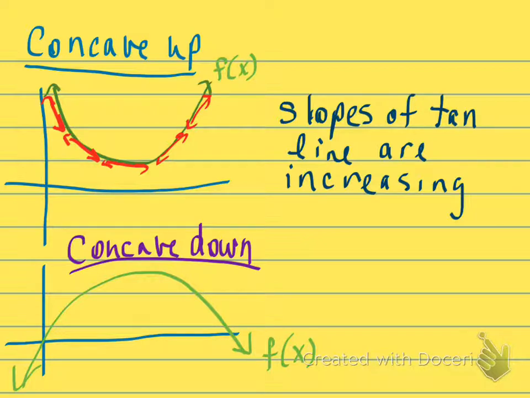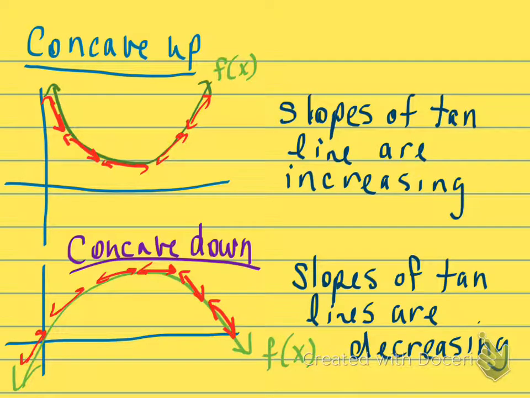And notice if I draw my slopes of tangent lines going from left to right, I start with something that's big and positive, less positive, gets close to 0, 0, then it starts small negative and then gets more negative. So as I move from left to right, the slopes of my tangent lines are decreasing. They're getting smaller as I move from left to right. So that's what it means to be concave down.